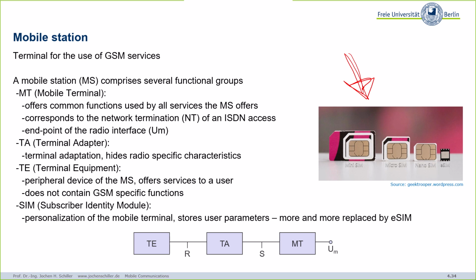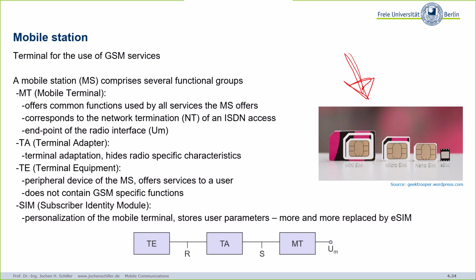We do not know this from the GSM network, but there are other networks where you buy the device from the network operator and you cannot use this device for another operator. So in GSM from the very beginning there was a clear separation of this SIM that identifies the subscriber towards the network and the device, and you could just take out the SIM and put it into another device. So that was the basic idea there.